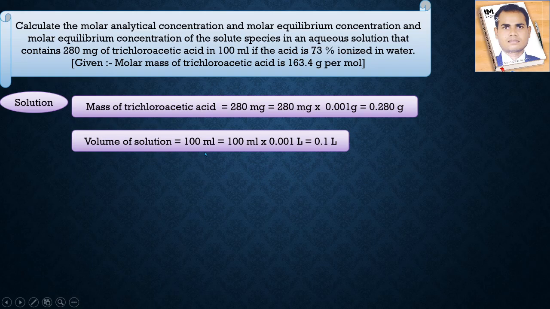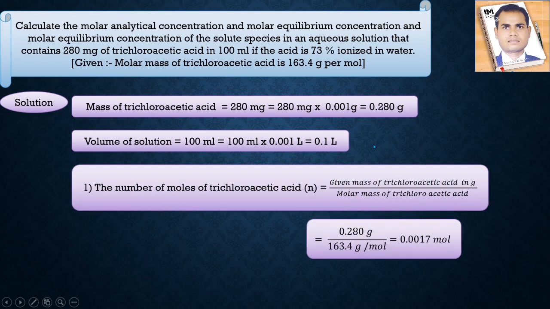Again you have to convert ml into liter. So 100 ml times 0.001 gives 0.1 liter. So in this way you do the conversions of milligram into gram and ml into liter.